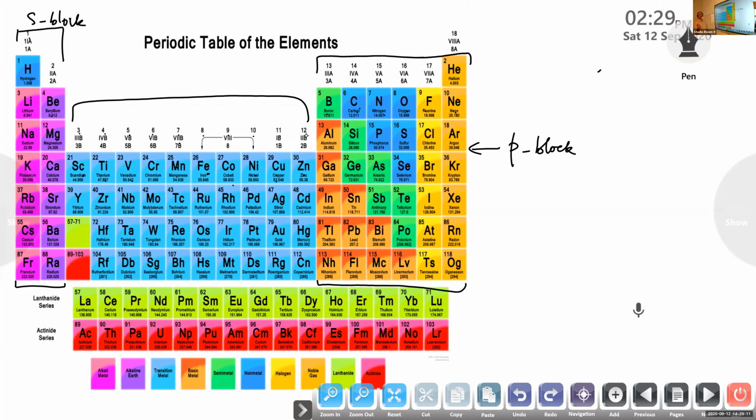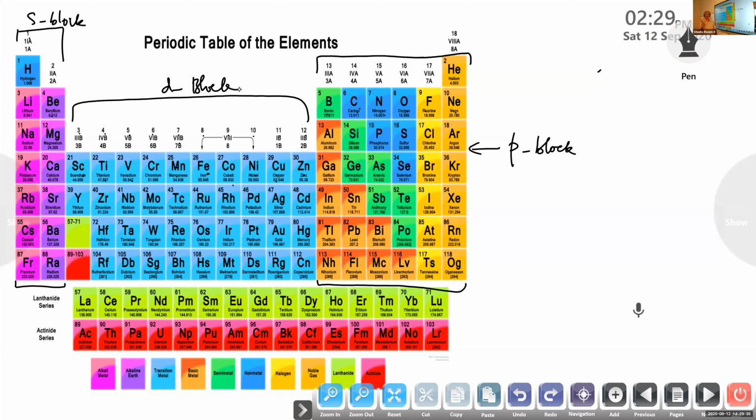And these elements are called the D block elements. Why is it known so? The reason is this. When we write the electronic configurations of these elements, the last electron enters a D level.